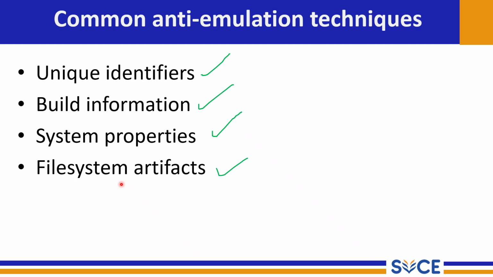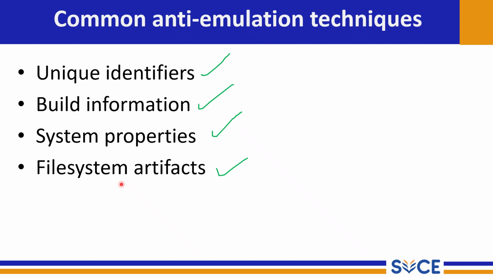And next, build information. Malicious apps often check build properties like Build.MODEL or Build.FINGERPRINT for strings such as emulator, google_sdk, or Genymotion. And next, system properties.